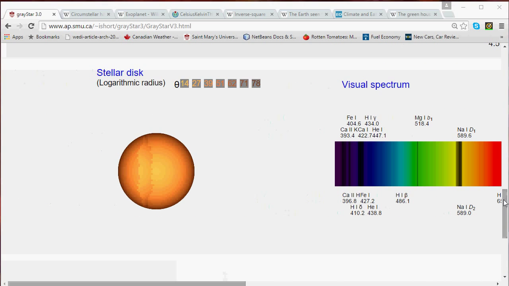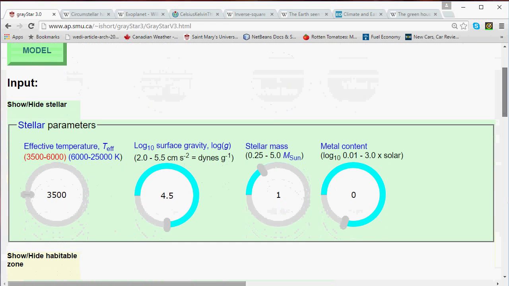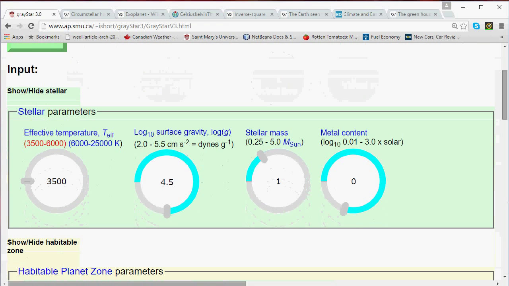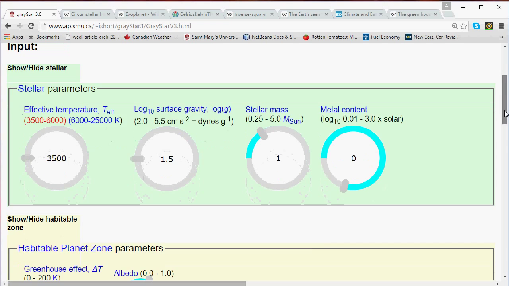So we still have a nice red star, but I'm going to turn up the radius, and remember I'm going to do that via the surface gravity. So I'm going to take the surface gravity knob and turn it down as far as it will go, and at a temperature of 3500 Kelvin it will let me turn that value all the way down to 1.5. The surface gravity expressed as log g, so that's a much lower surface gravity than the Sun.